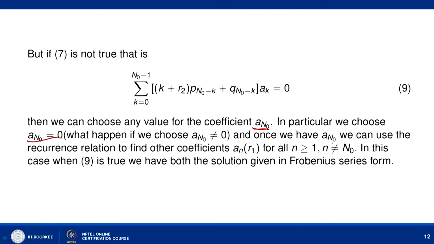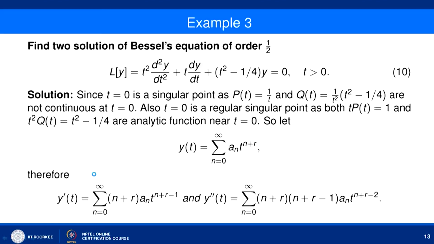Once we have a n naught, we can use our recurrence relation to find the further coefficients a n naught plus 1 and so on. So, when this right hand side is equal to 0, we can find all the coefficients, and our solution is given in terms of a series solution of the form given by Frobenius.